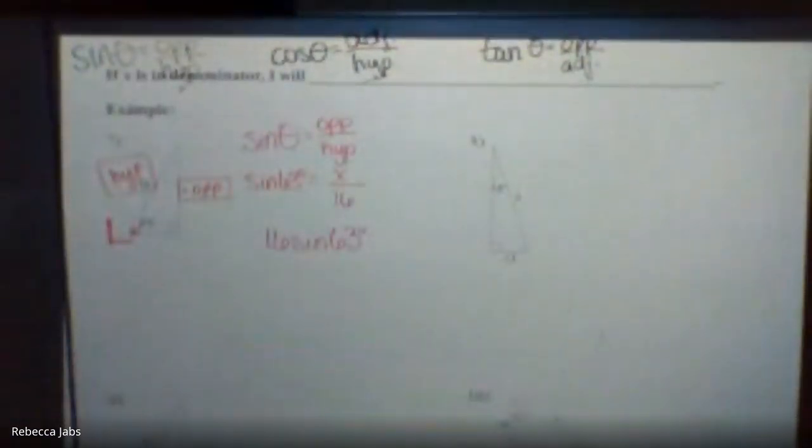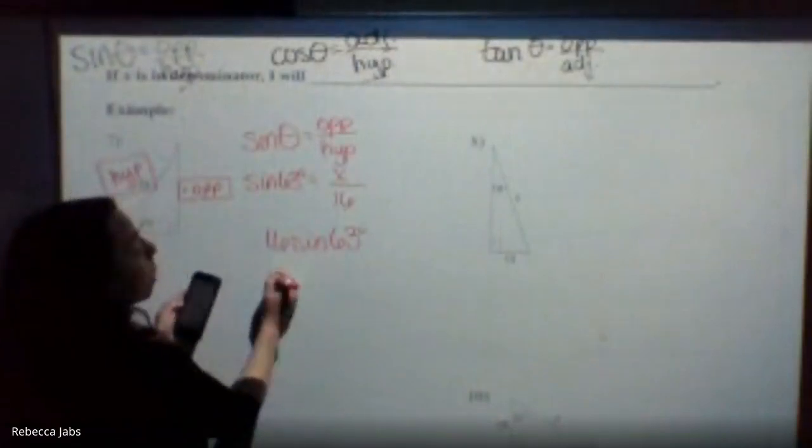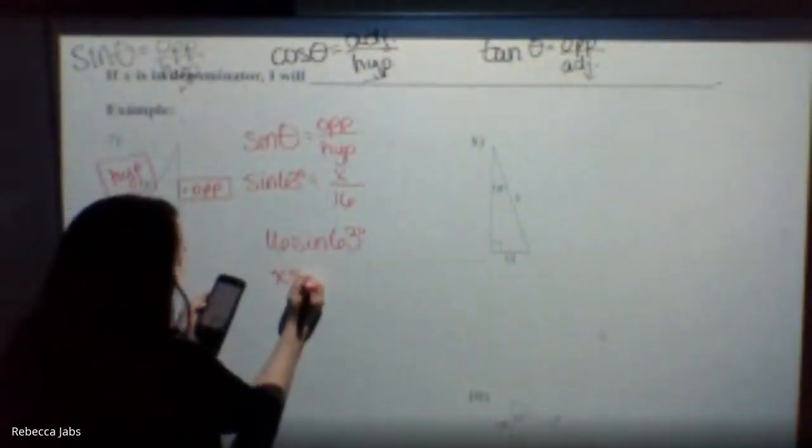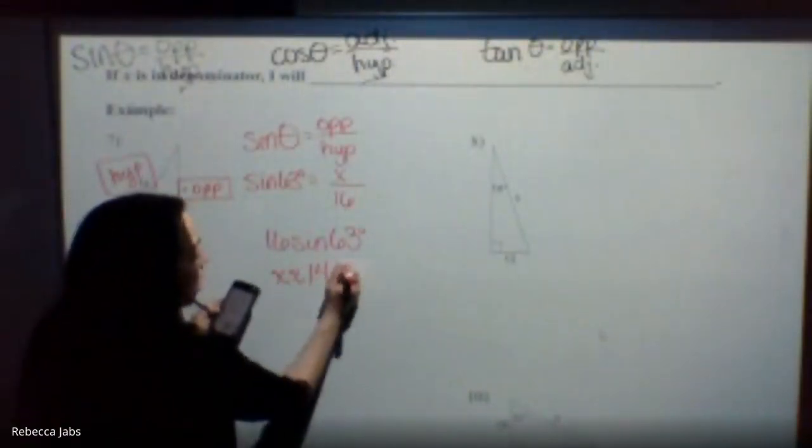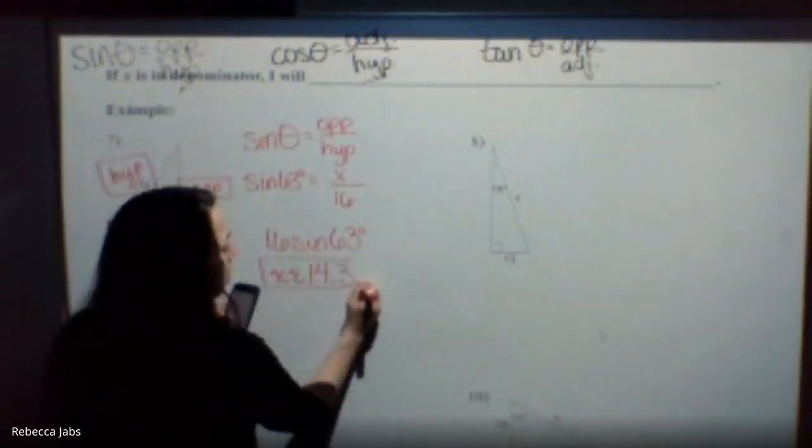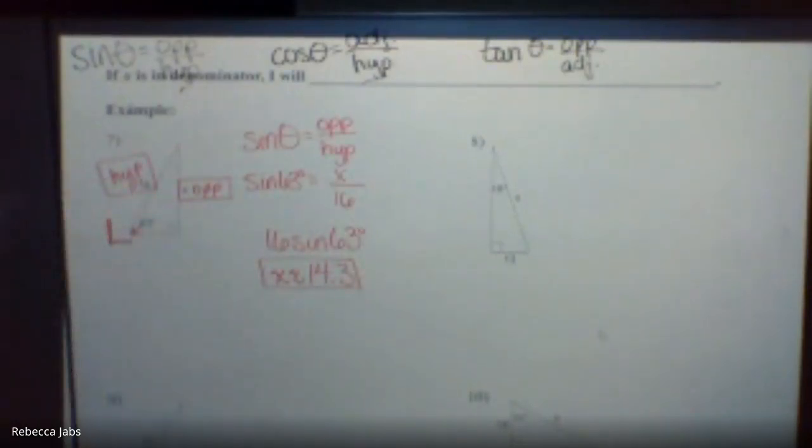Our answer for number 7 should be approximately 14.3, because we would round up that 2 because 5 comes next. So X equals 14.3. Make sure you get that down, guys.